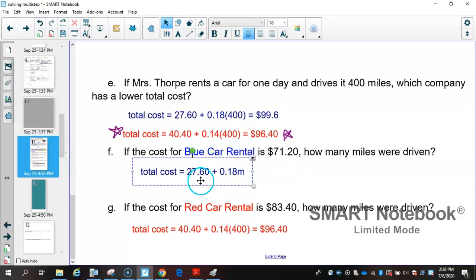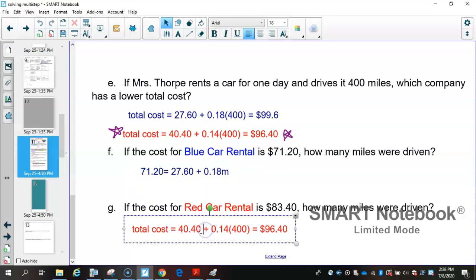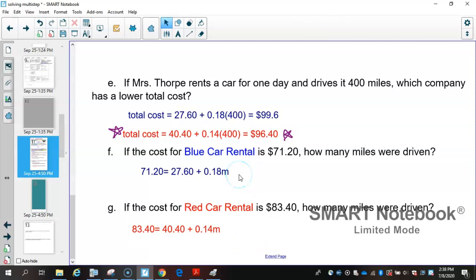Because now we don't know how many miles, but we do know it costs $7.20. And then for the red car, we don't know how many miles, but we do know it costs $83.40. So now this looks like the examples we usually solve, solving for the variable. So let's do that.